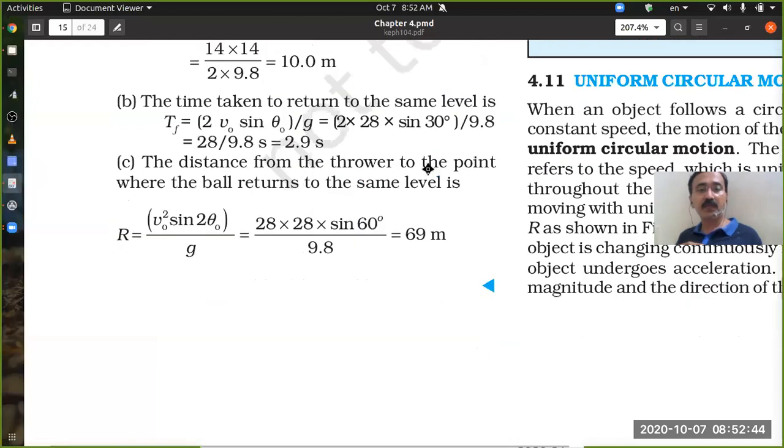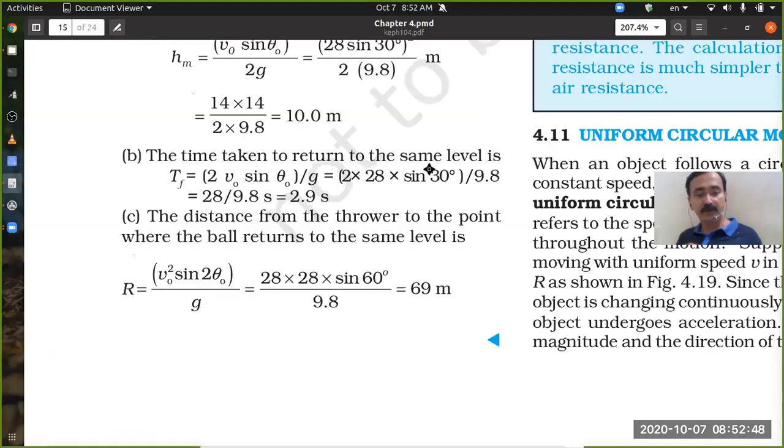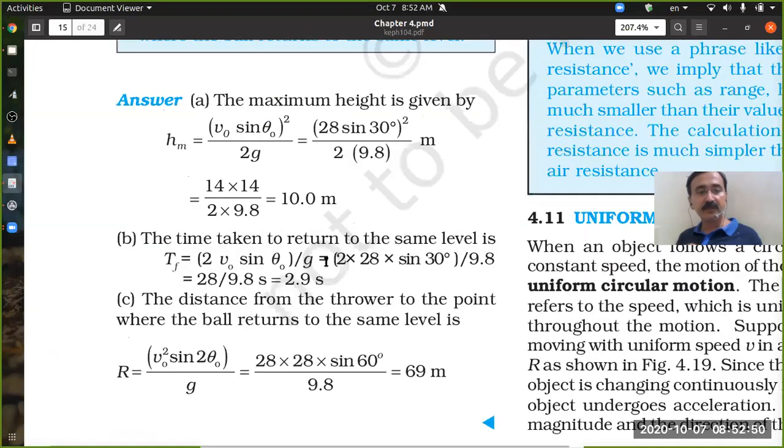And the third question was, what is the range? Again, v0, theta 0 and g. Put down the values. Right? Now this can be asked for 3 marks.